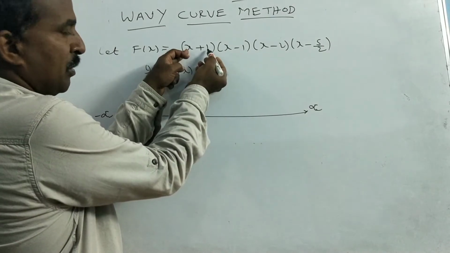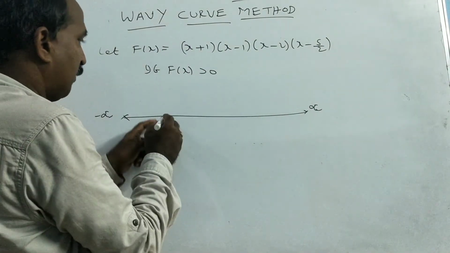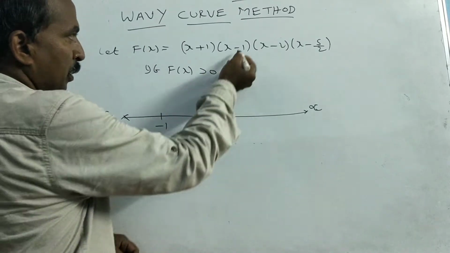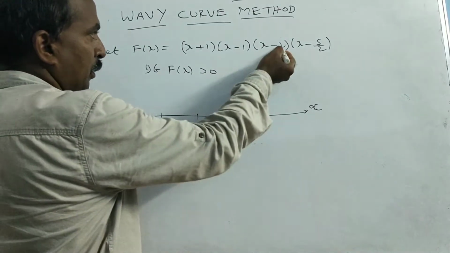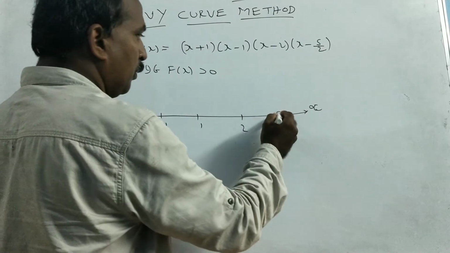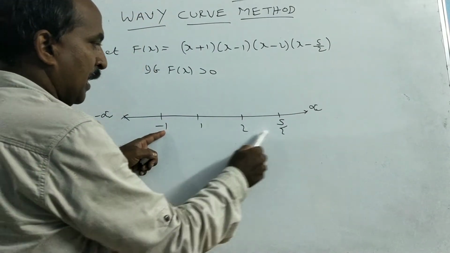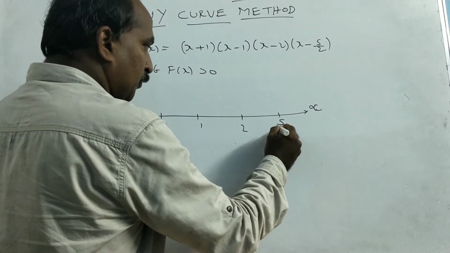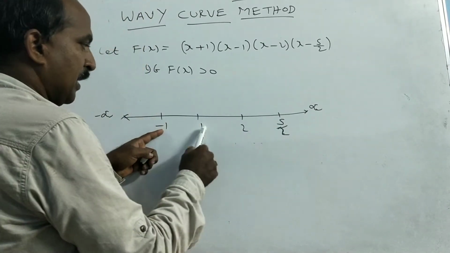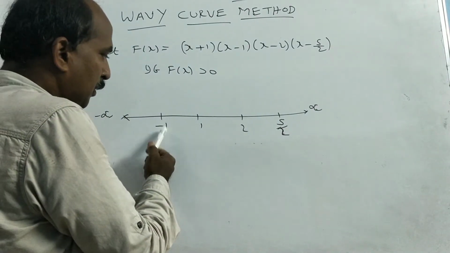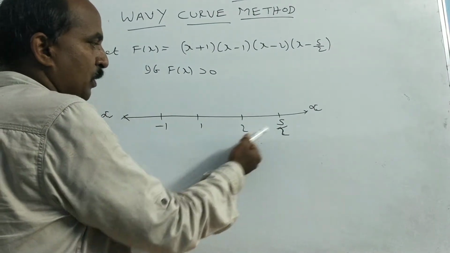If x plus 1 equal to 0, x equal to minus 1, that is a1 equal to minus 1, a2 equal to 1, a3 equal to 2, a4 equal to 5 by 2. We take these real numbers always in ascending order: minus 1 is less than 1, 1 is less than 2, 2 is less than 5 by 2.